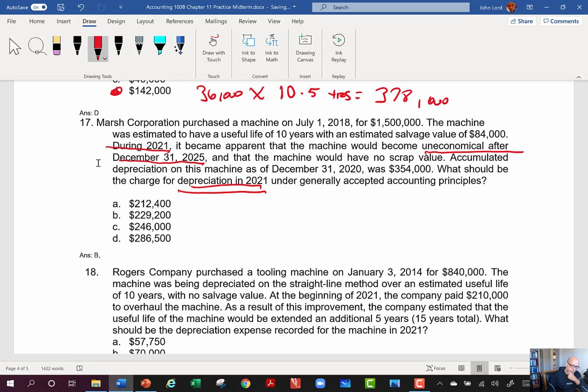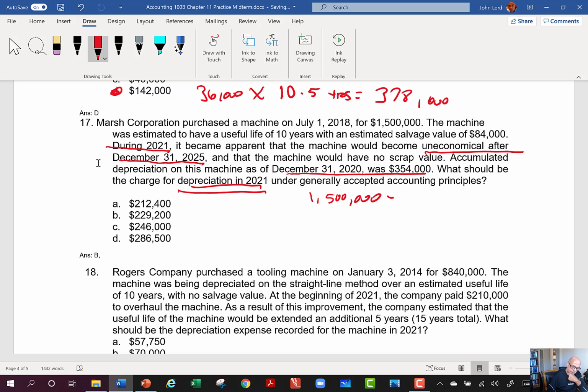Okay, so first of all, I'm going to take the $1,500,000 on this machine. That's what they bought it for, and I'm going to subtract the accumulated depreciation at the end of 2020. December 31st, 2020 is the asset's carrying value on the balance sheet, and it's the same value for January 1st, 2021.